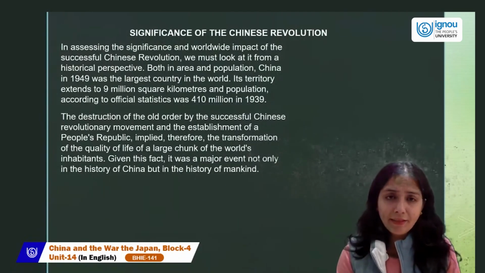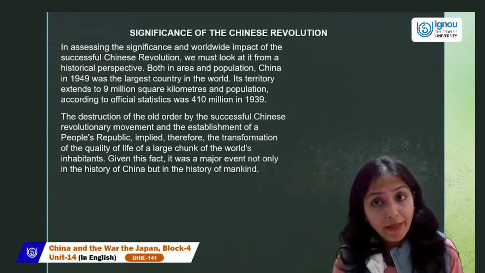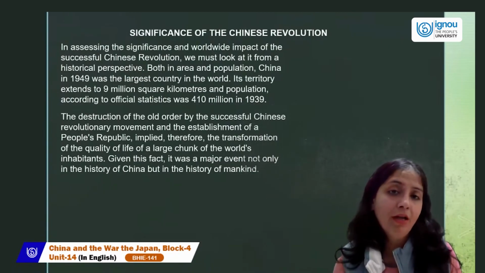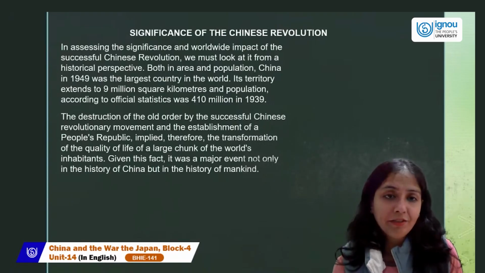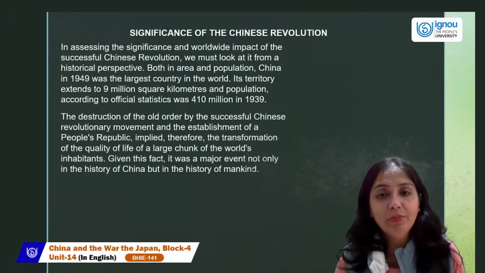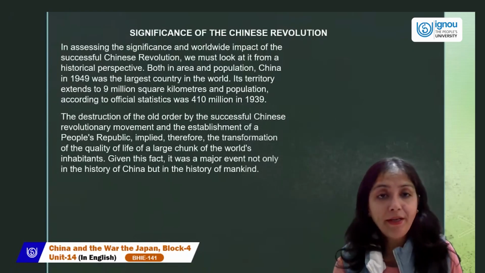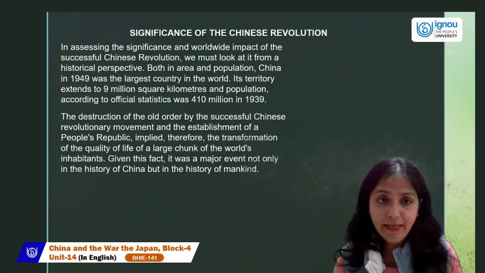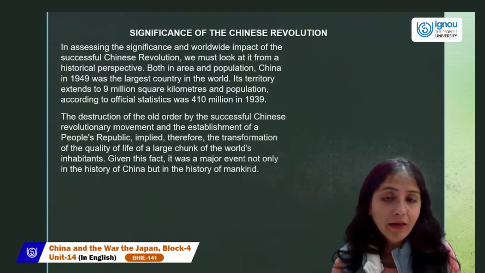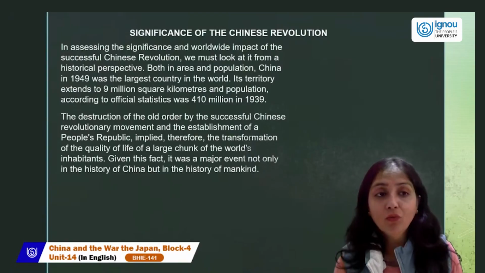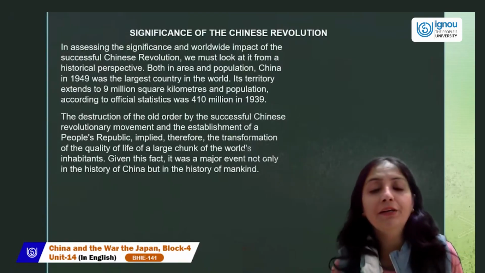In assessing the significance and worldwide impact of the successful Chinese Revolution, we must look at it from a historical perspective. If we see it in a historical perspective, then both in area and population, China in 1949 was the largest country in the world.